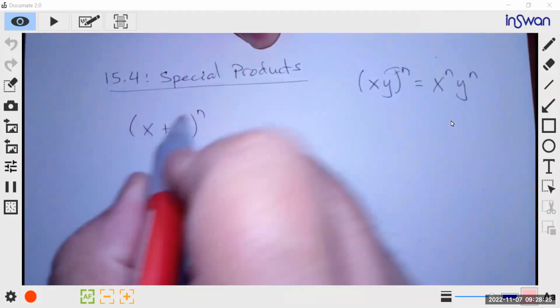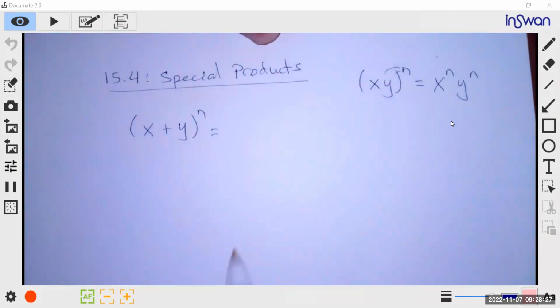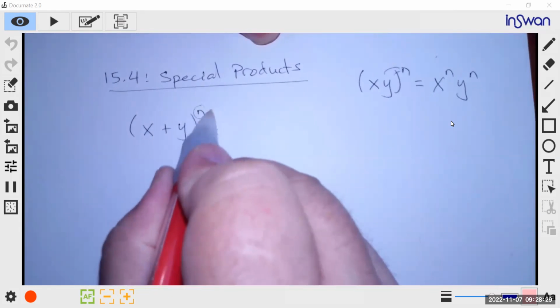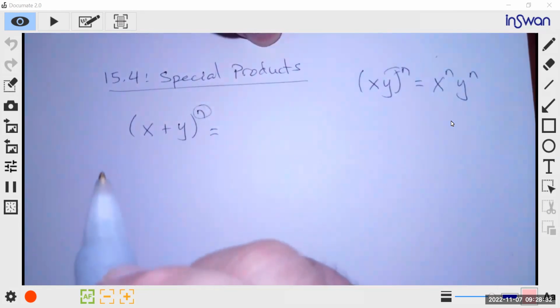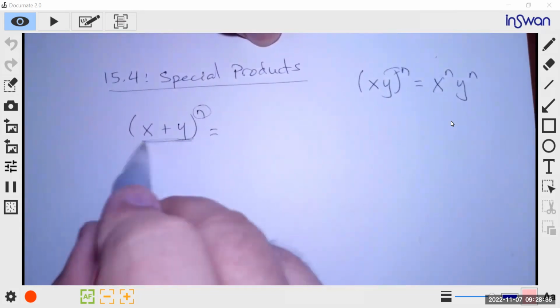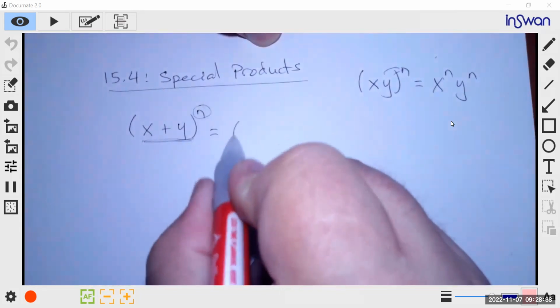Because now, since here's the exponent, what's the base? This whole big equation is the base. So what does that mean?